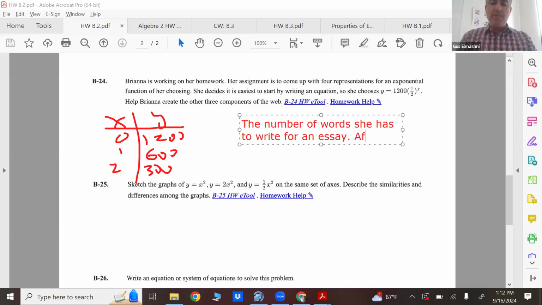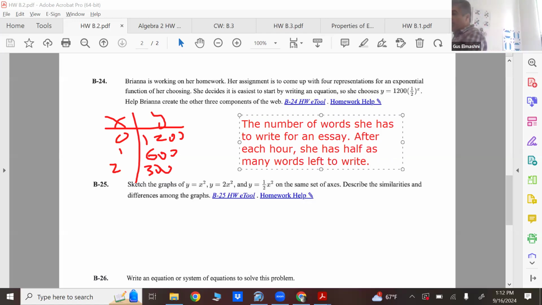And so after each hour, she has half as many words left to write. Does that make sense? I don't know. Just came up with the situation. Go, Alexandra.